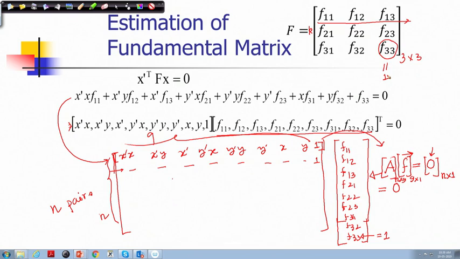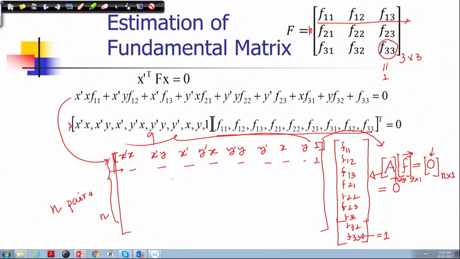Later we will see how the singularity property could be enforced. For the time being, let us approximately estimate the fundamental matrix where this singularity constraint is waived. In that case, as I mentioned, one of the parameters you can set to a given value. So, let us set it to 1, and then again convert this equation into this form.